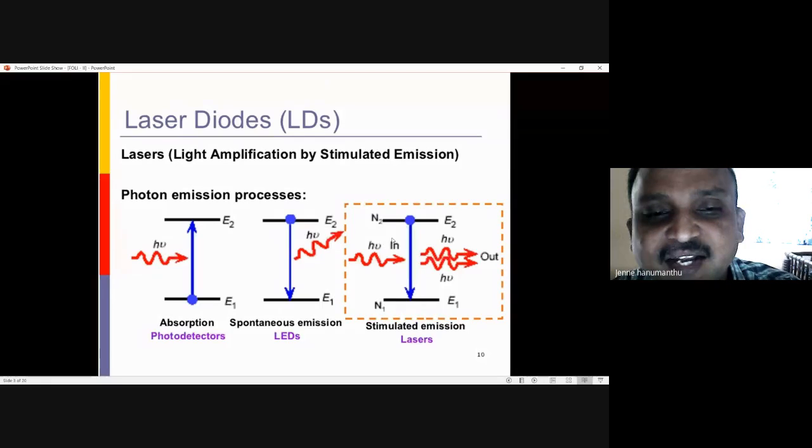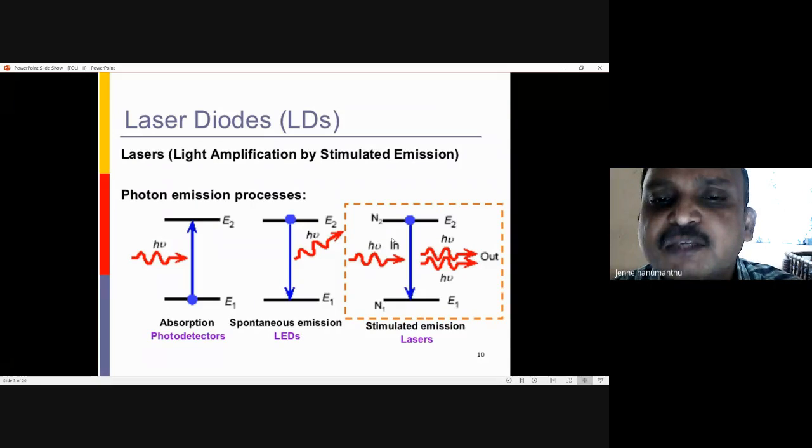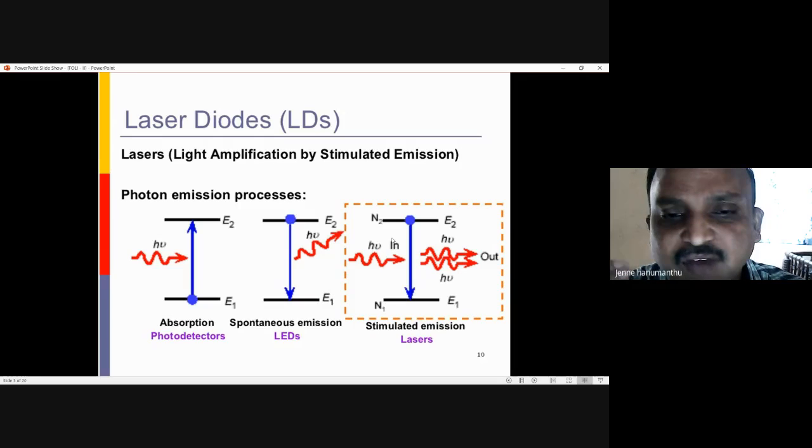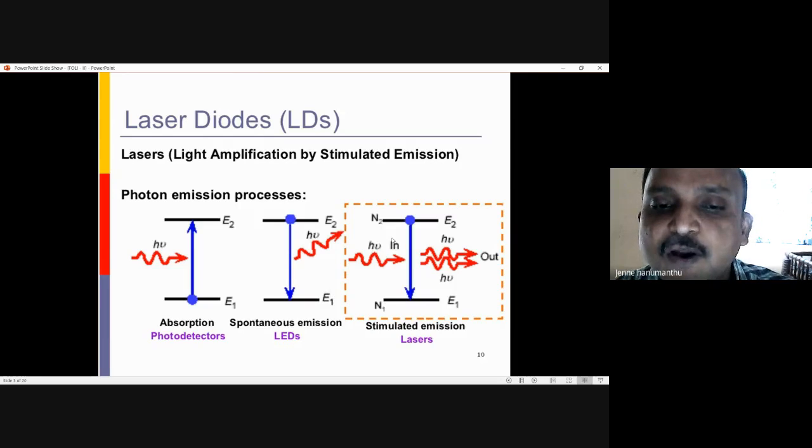This can be treated as stimulated emission. What is stimulation? Stimulation means external energy is applied to the atoms available in the high energy state. So we always expect stimulated emission, which is useful for high intensity radiation for optical communication purpose.